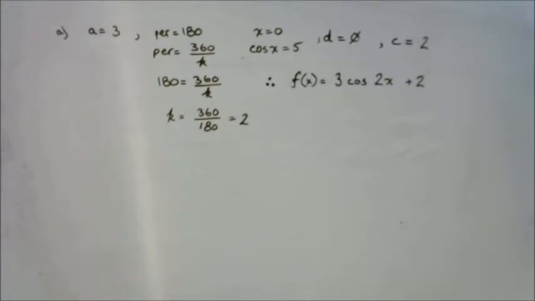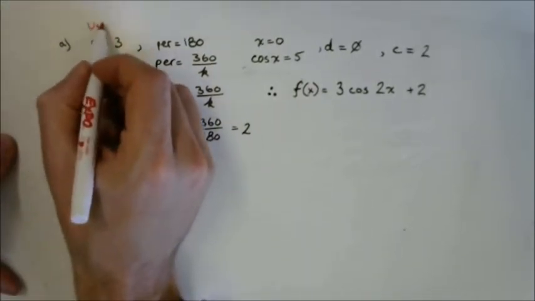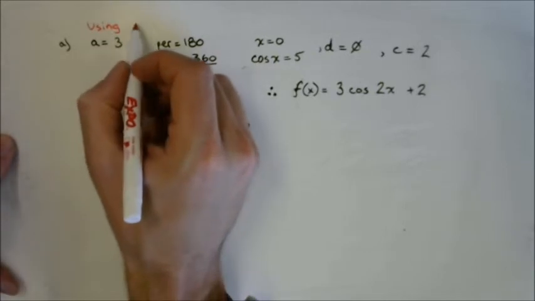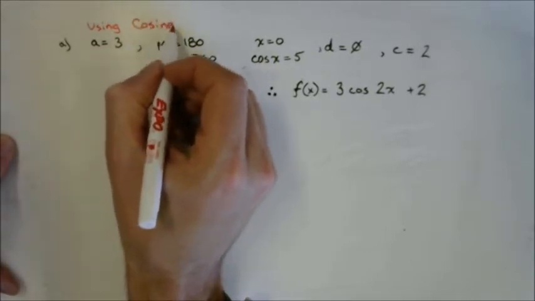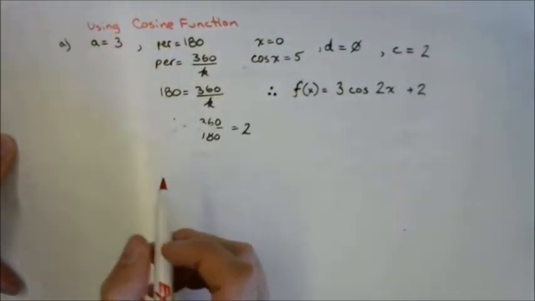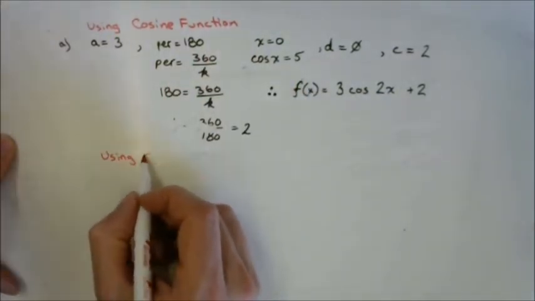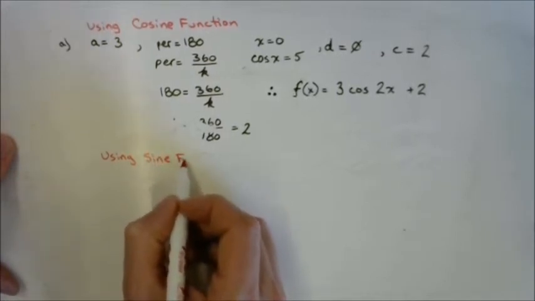Now we were asked to do it in two different ways. So we did it using a cosine function, okay? We're going to do the same thing, but we're going to do it using a sine function.